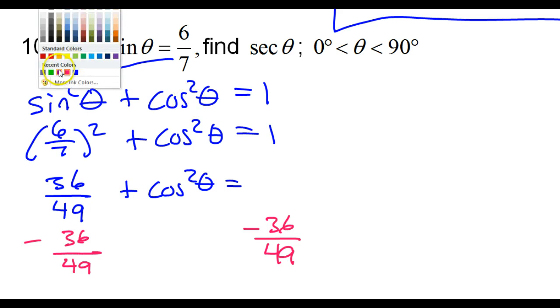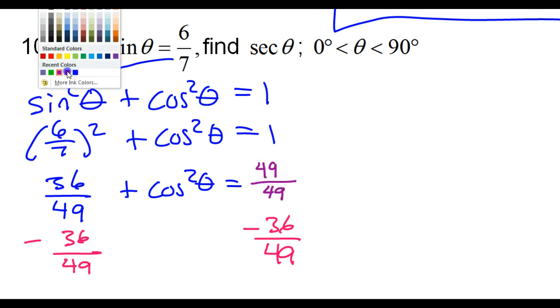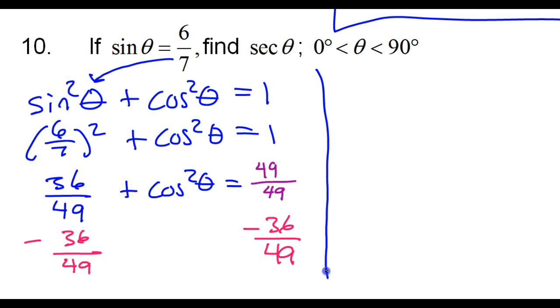I'm going to need like denominators, so I really need a 49. But I can replace 1 with 49 over 49. So now I will have cosine squared theta is equal to, now 49 minus 36.